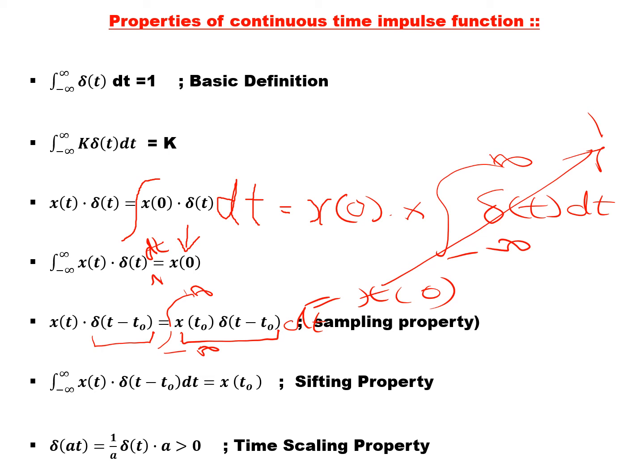If I increase the width of delta t, the amplitude decreases, so that the area remains the same. Time scaling results in amplitude scaling. This is the time scaling property of the impulse. Now, there are two important properties here, which I'm going to show you graphically.